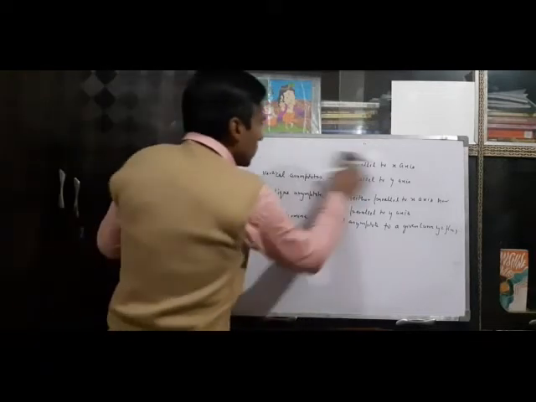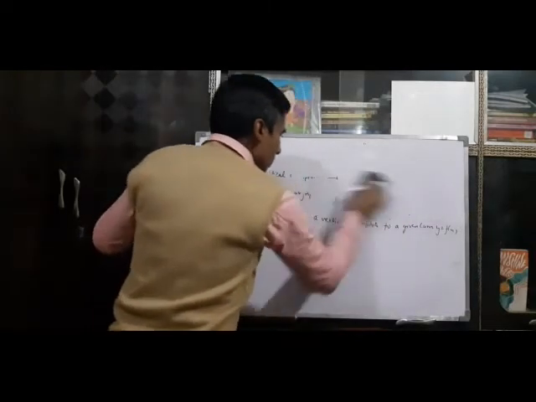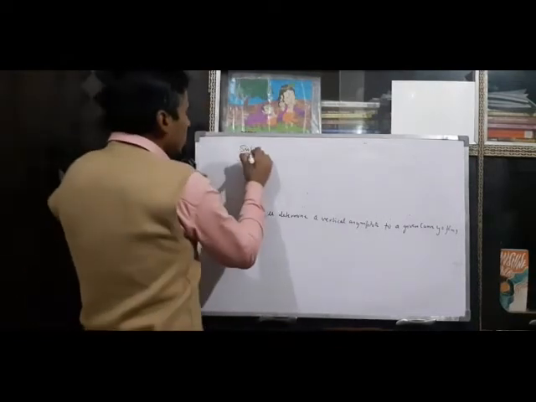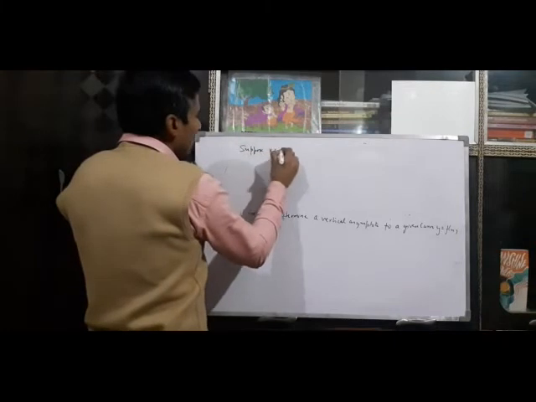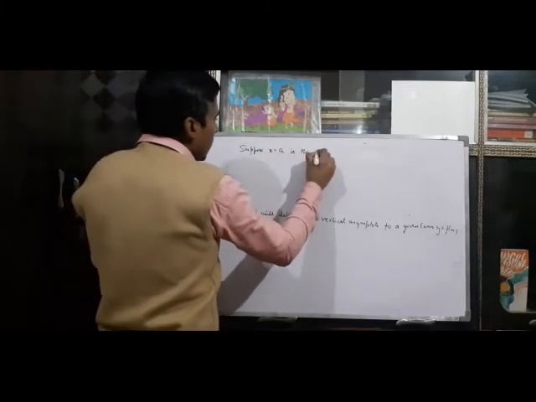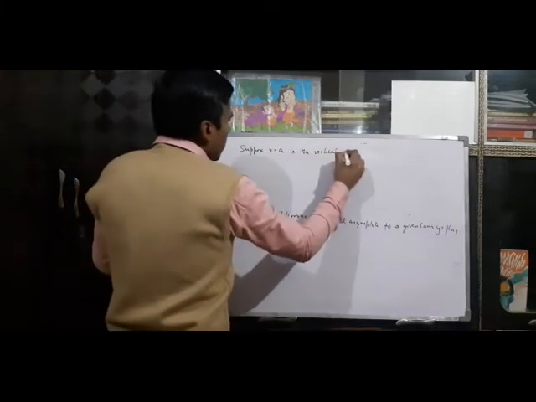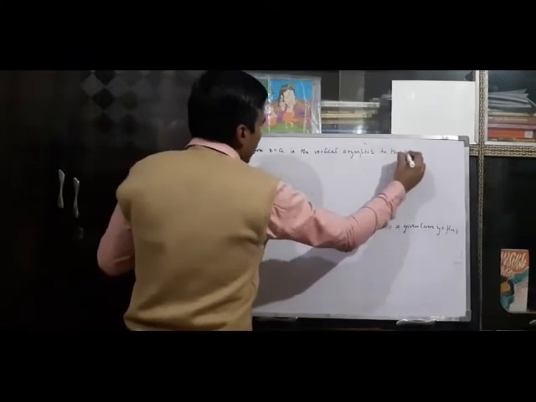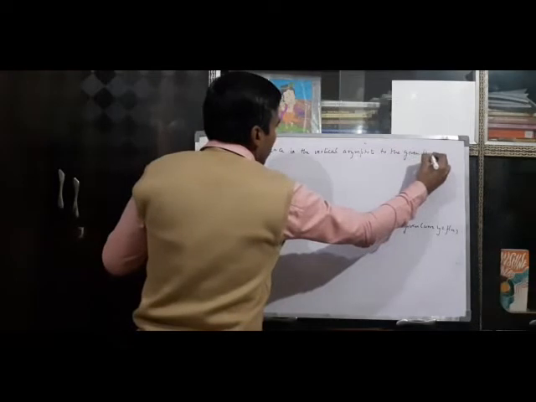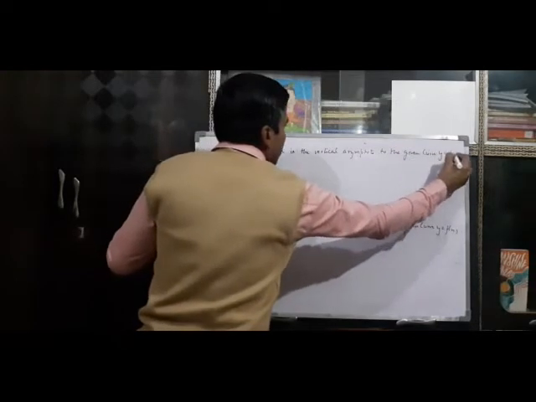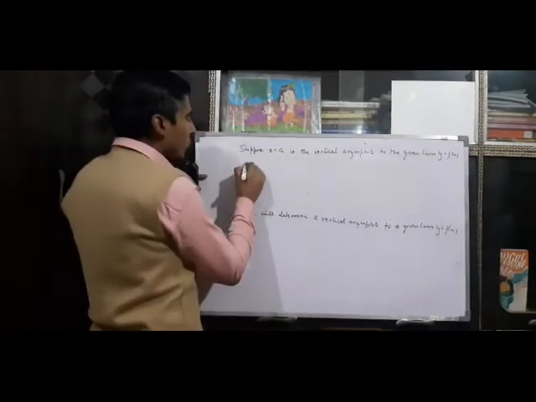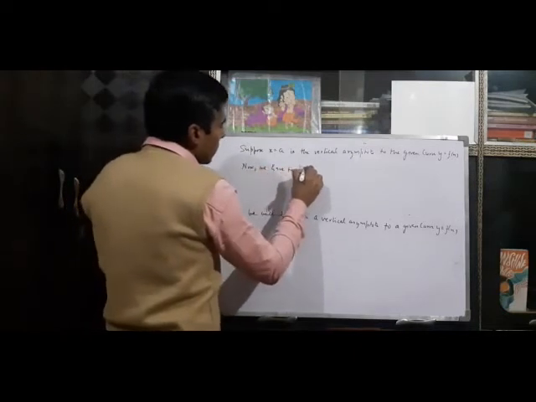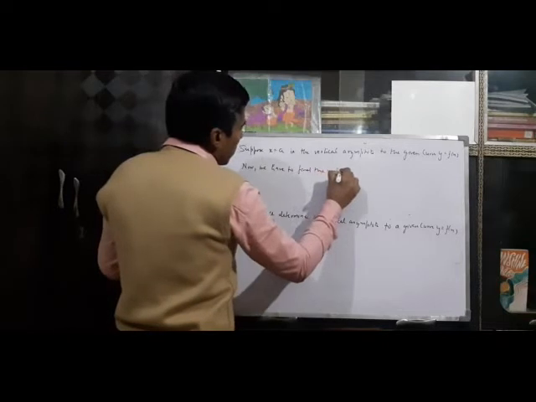Now suppose x is equal to a is the vertical asymptote to the given curve y equal to f(x). Now we have to find the value of a.